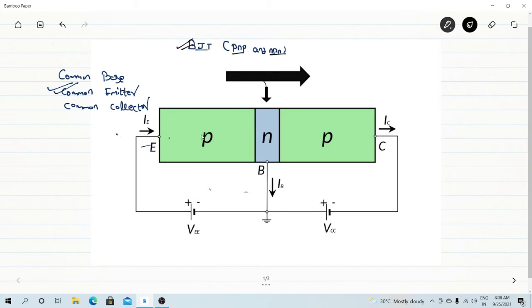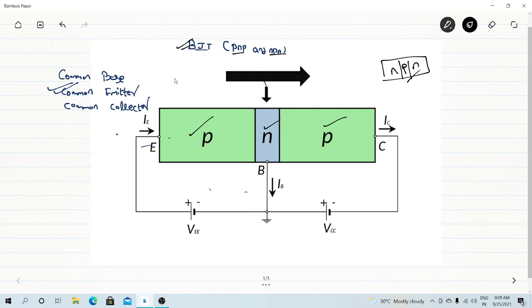So as you can see, these are two P sides which are in the outer layer and the N side is in the inner layer. So this is a PNP transistor, and similarly we can make an NPN transistor, where two N sides will be in the outer layer and the P side will be in the inner layer. So this is an NPN transistor.